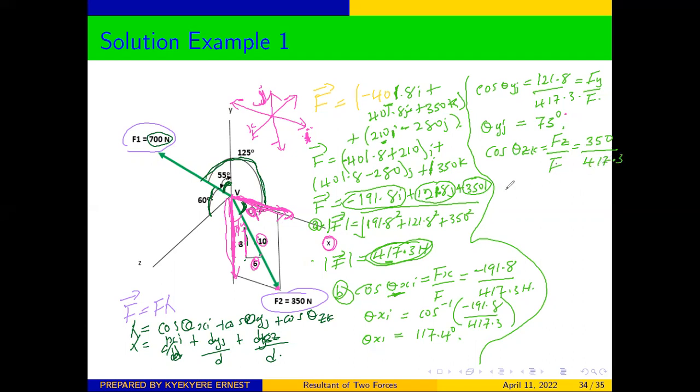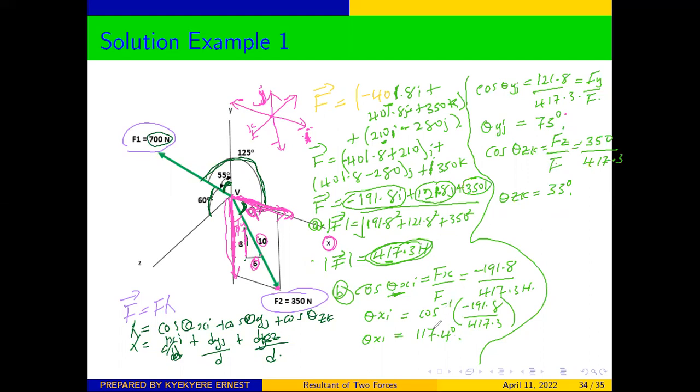And from here, we can say that when we get the cos inverse of whatever is here, our theta z will be equal to 33 degrees.